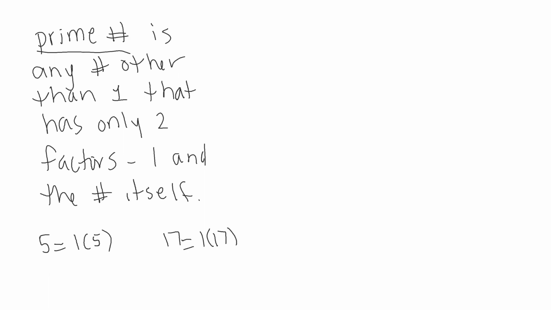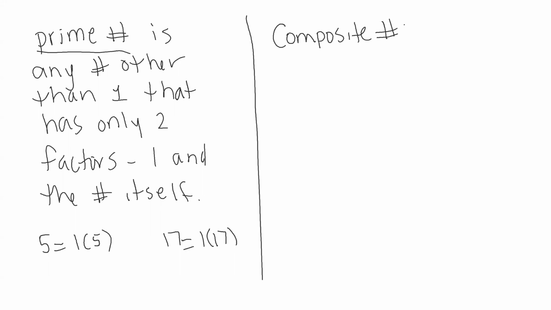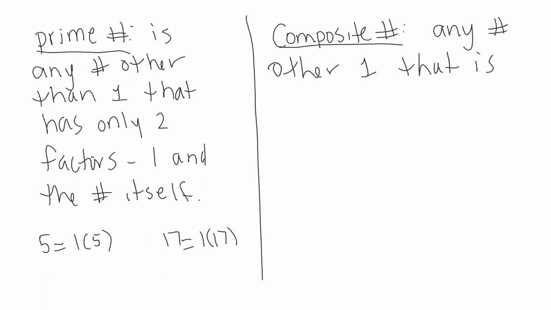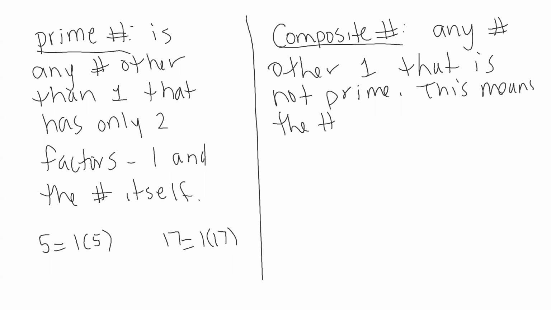So what do we call all of the other numbers? Well, all of the other numbers are composite numbers. So a composite number is any number other than 1 that is not prime. So this means the number has multiple factorizations.